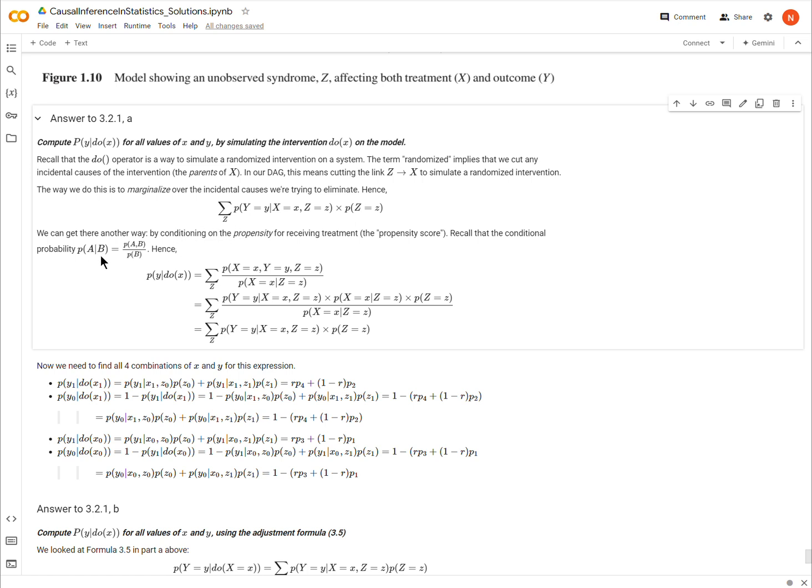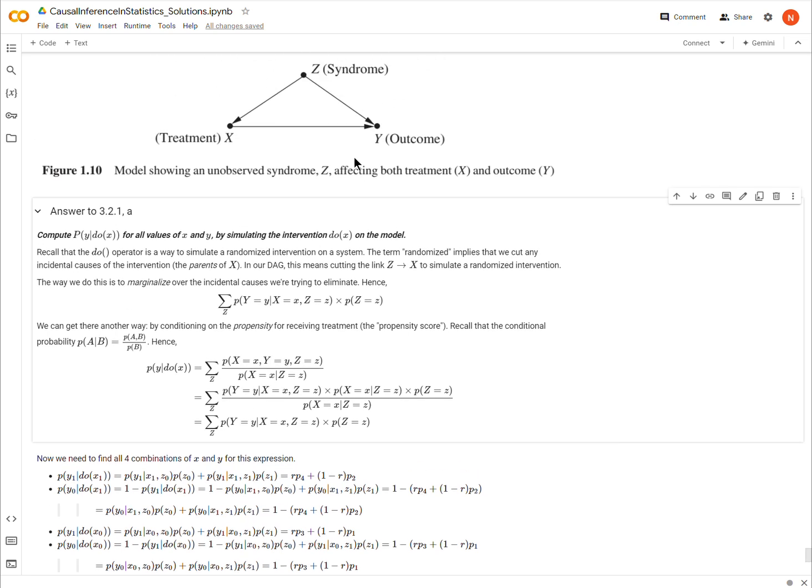The reason we condition on it is our definition of conditional probability: the probability of A given B is the joint probability of A and B divided by the probability of B. Here B represents our propensity score, the probability of receiving treatment given the syndrome Z. We can factorize the joint probability: Y given X and Z, because Y is informed by both X and Z, times the probability of X given Z, times the probability of Z, since Z has no influences here.